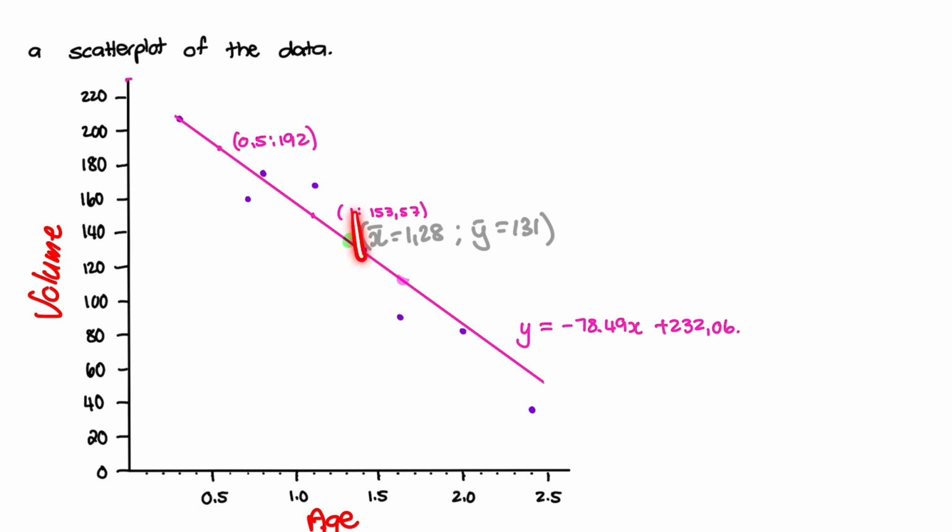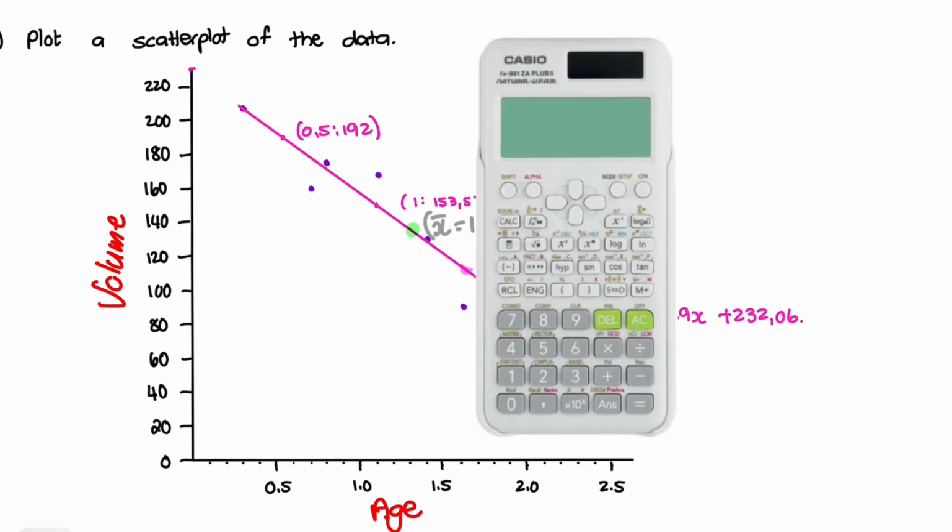Now some teachers also say you need to plot the mean of the x values and the mean of the y values. So you can choose what you're comfortable with, and you can find those values by using your calculator as well. So remember, the data is already entered on your calculator.